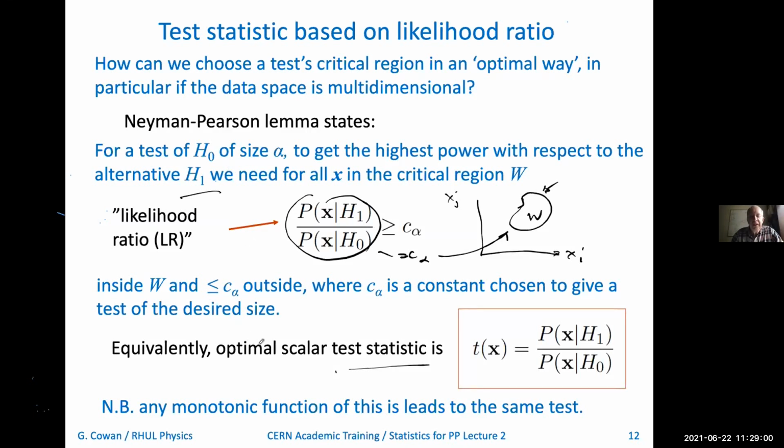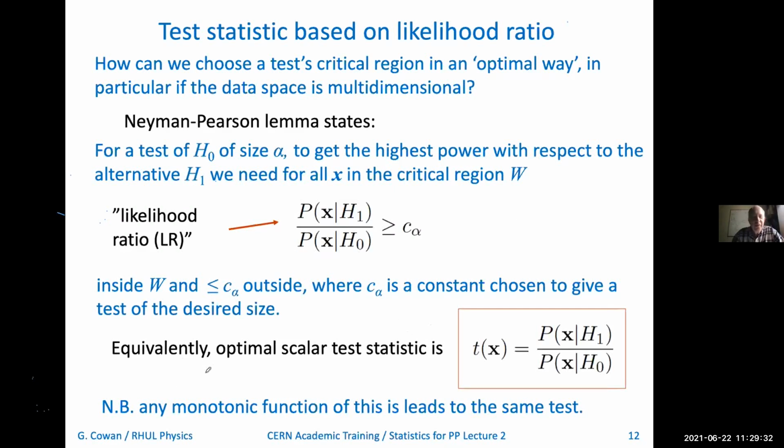And so you would say that the critical region is defined by the set of x values such that, the critical region will be defined by having T of x greater than or equal to C alpha, where this T of x is this ratio of probabilities.